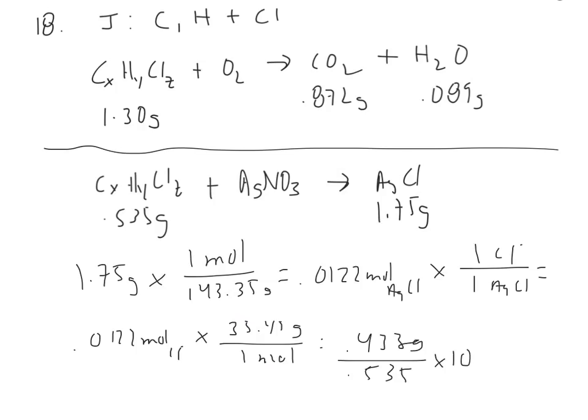So when I take this times 100%, I find that the other 80.93% is indeed chlorine. And this matches with what I had up here, that I had 0.77% hydrogen, and I think it was 18.3% carbon. So this seems reasonable that my other 81% should be the chlorine.